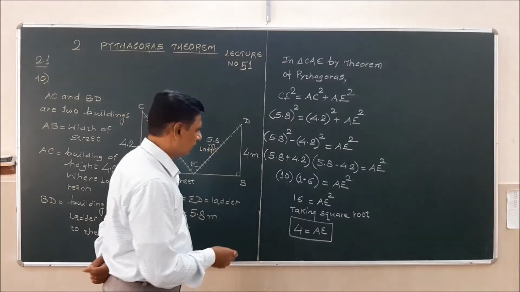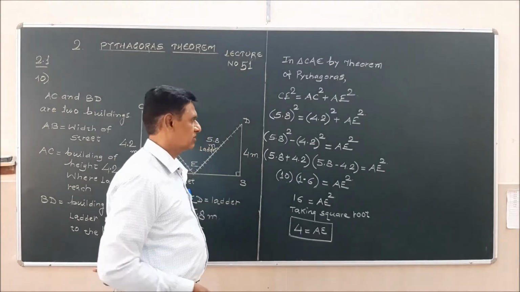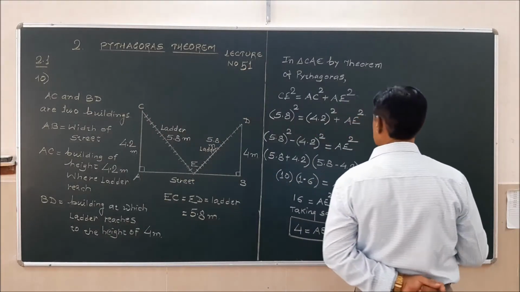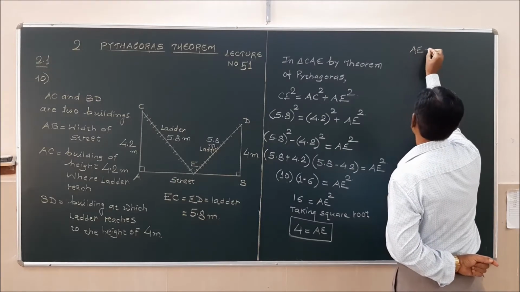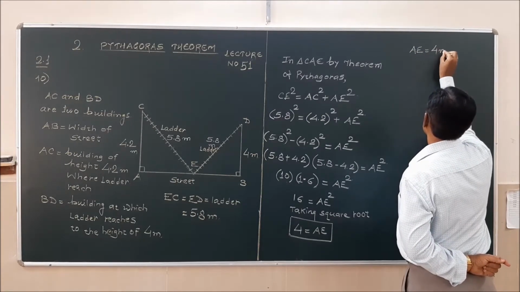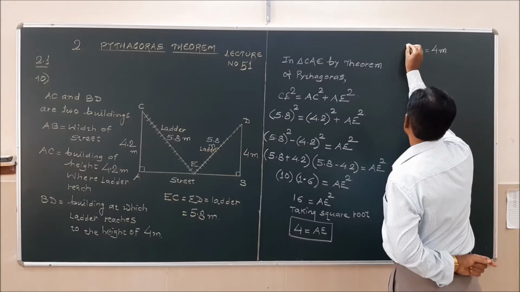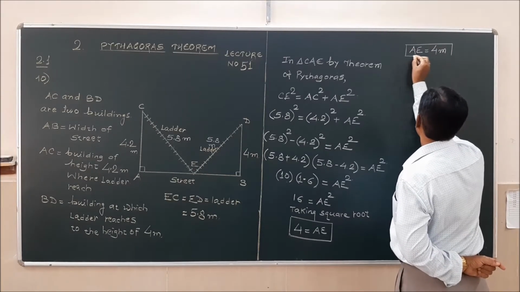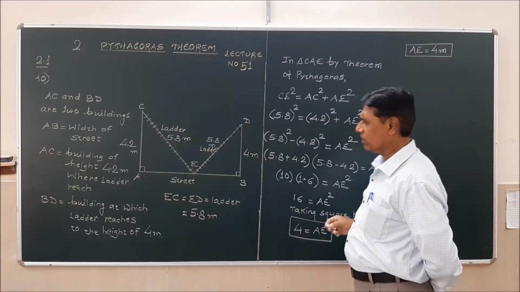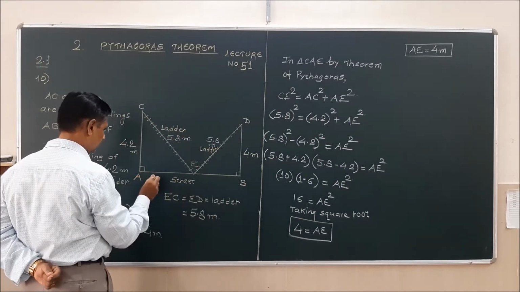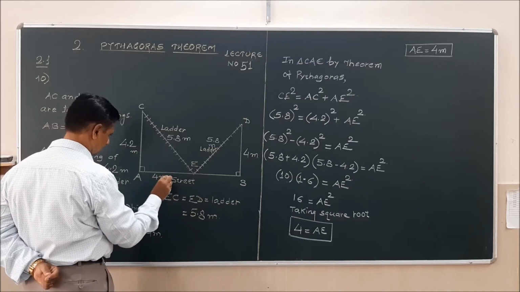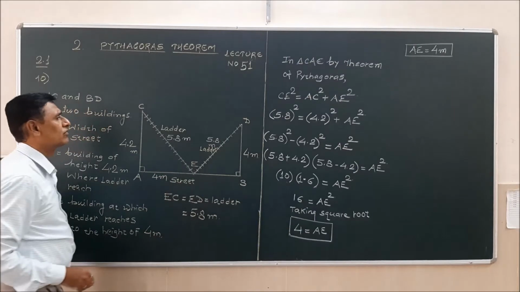We got the value of AE as 4 meter. So I'll write over here, AE is equal to 4 meter. In the figure also I may write this, AE is equal to 4.